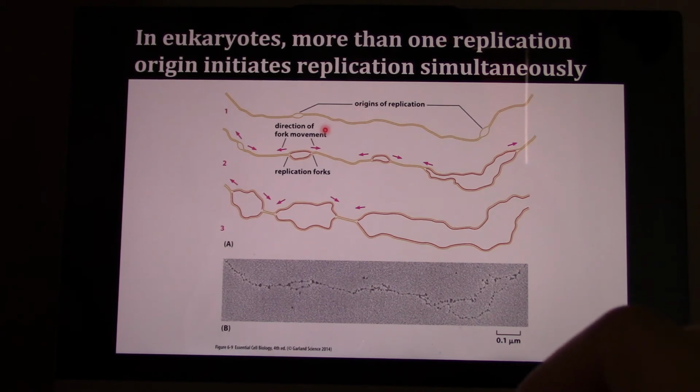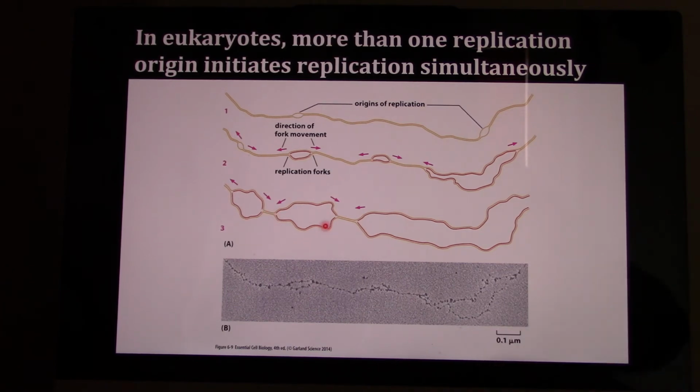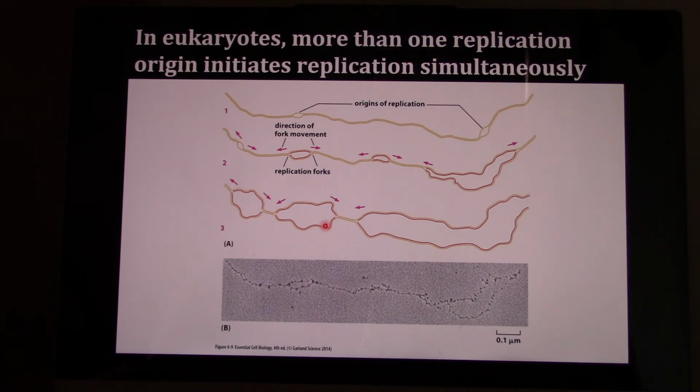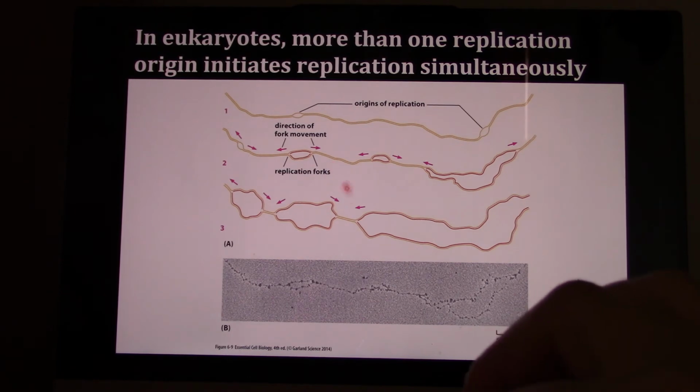But in eukaryotes, we have linear chromosomes, not a circle, but lines. And there's a lot more of it because eukaryotes are a lot bigger than a prokaryote, as you've learned from studying atoms versus prokaryotic cells versus eukaryotic organisms when we did Chapter 1.